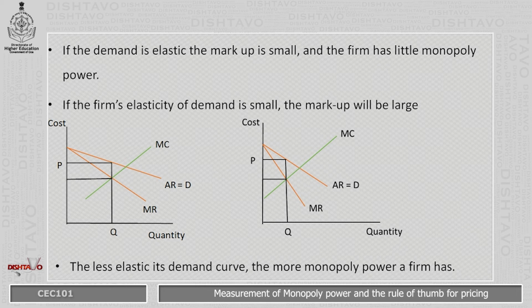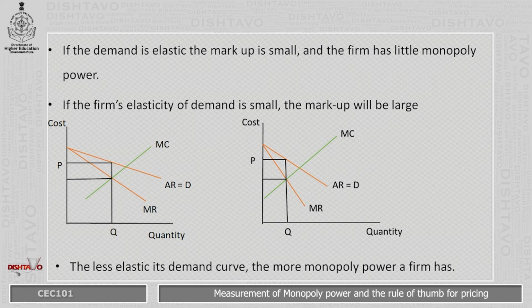Secondly, the second figure has a steeper demand curve. It means the firm's elasticity is small, and thus the markup will be large.